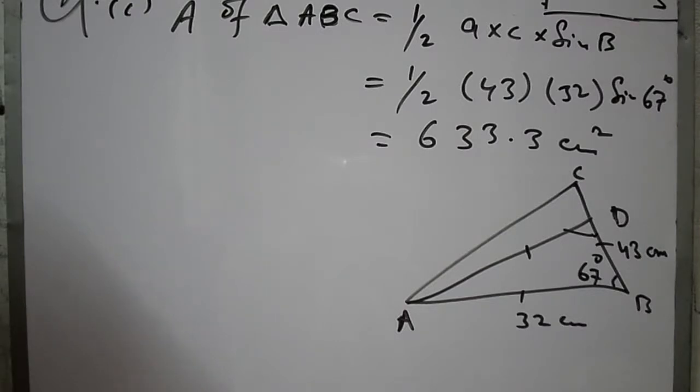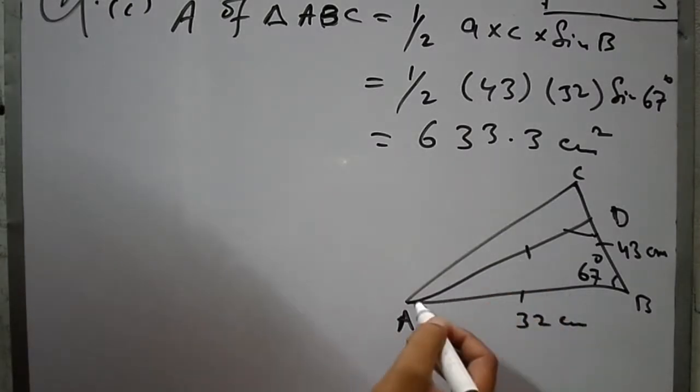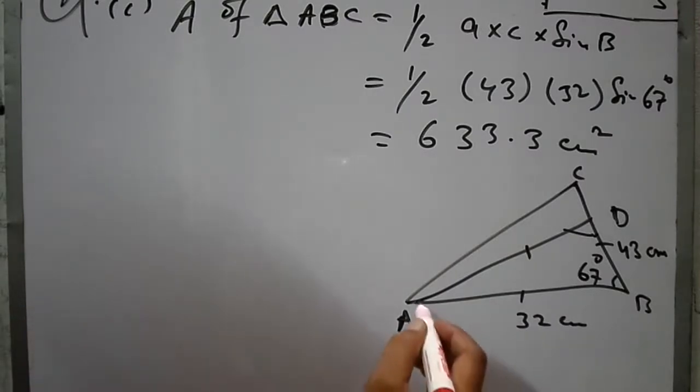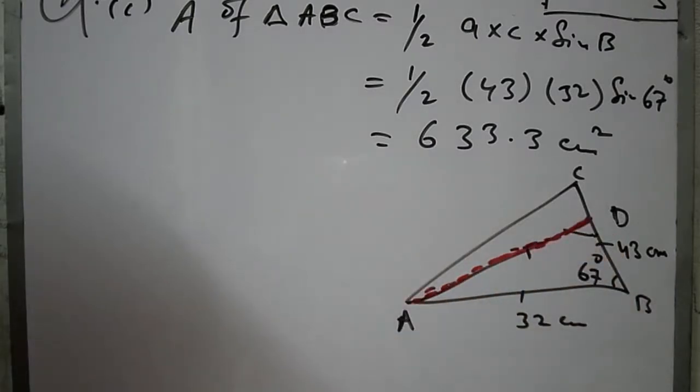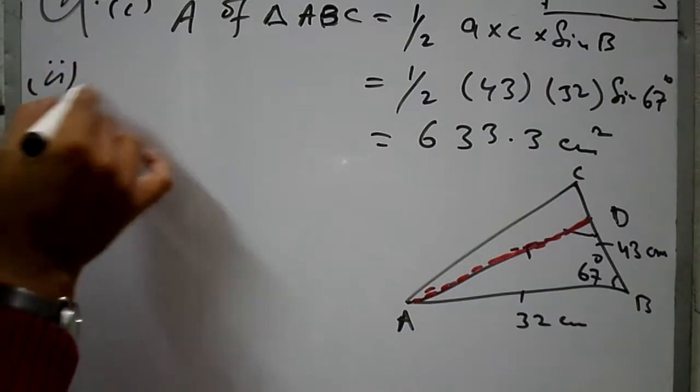Now in part B, why have I drawn this line? Because we have been asked to find AD in the second part of this question. So we have to find AD.